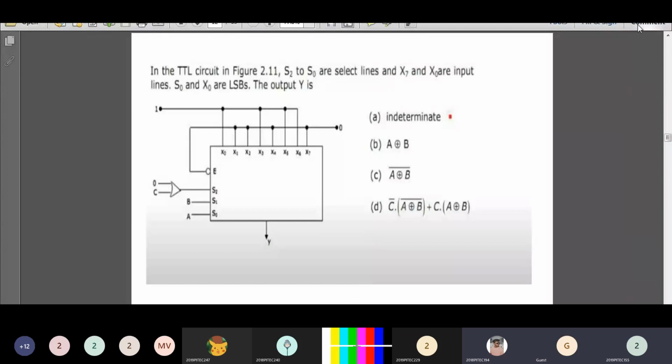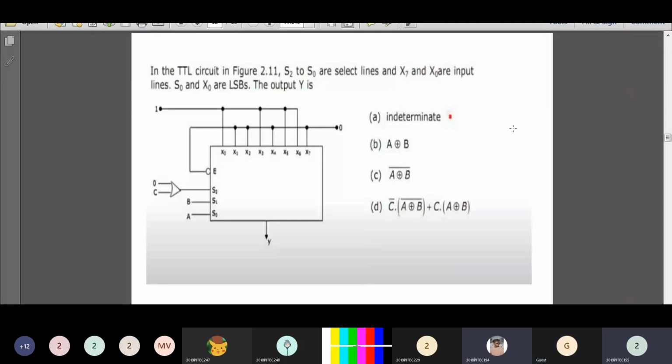You have to find out the expression for the output Y. Here you will be having 3 selection lines and 8 input lines, so it is an 8 cross 1 mux.